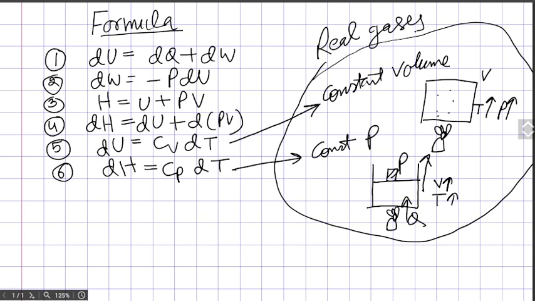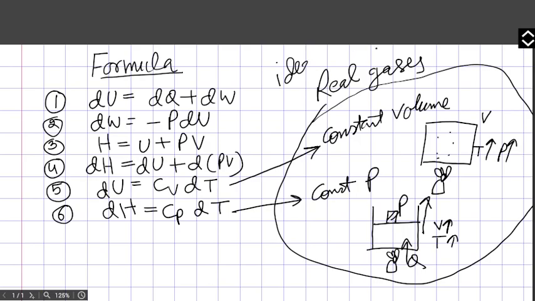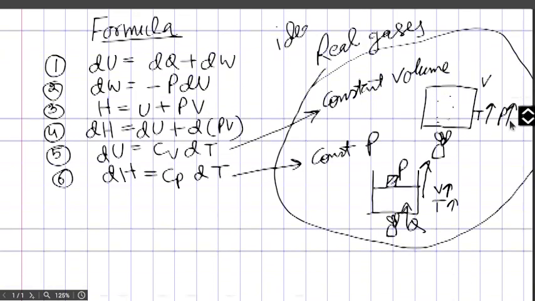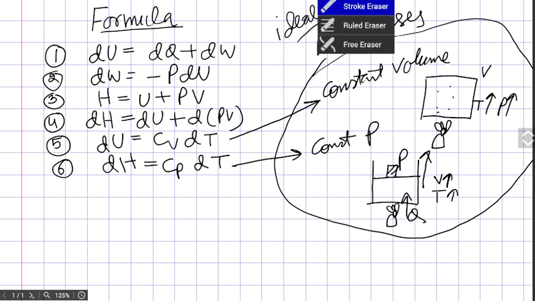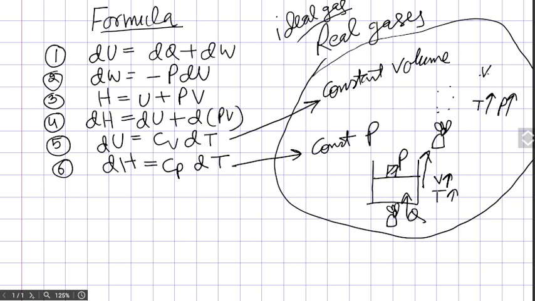But if you are using ideal gas, you can use these two formulas in all the processes. So this is the main point.